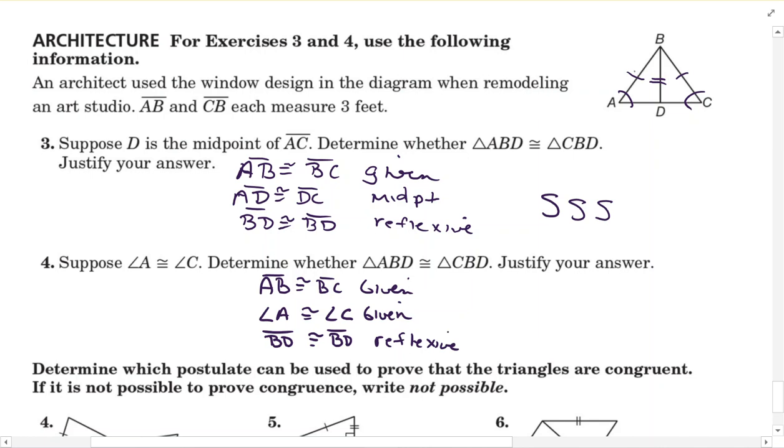But in this case, we have side, then the next congruent thing is an angle, and then nothing, so we can't really go that way. So the way we would go is side, side, angle. And that doesn't work.